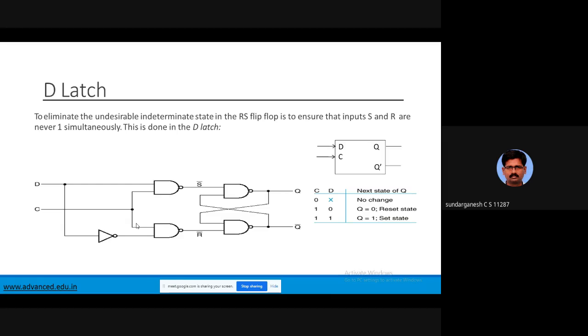Okay. So what happens when you connect both inputs together? You cannot give 0, 1 and 1, 0. When you give D equal to 1, both the inputs will be 1. So Q becomes 1.